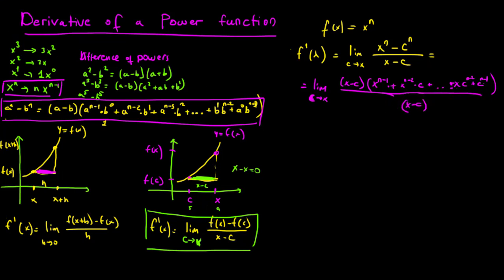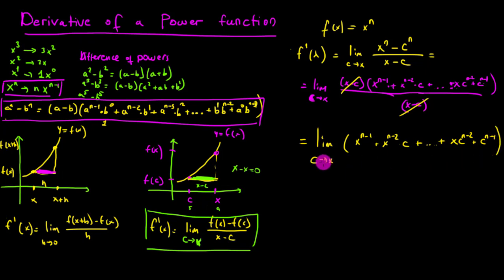As you can see, these two are cancelled. These two are cancelled, and you have the limit as c approaches x of x to the n minus 1 plus x to the n minus 2 c, and so on, up to x c to the n minus 2 plus c to the n minus 1.